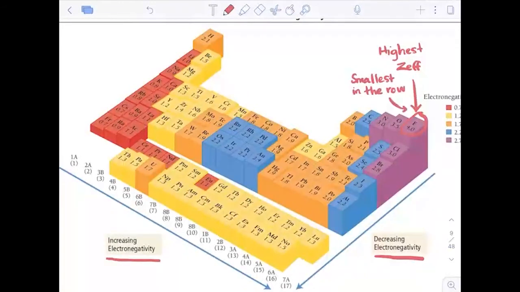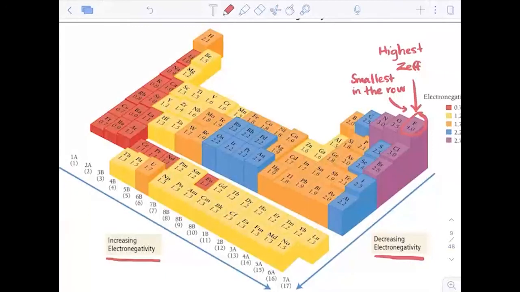So when we're thinking about where those valence electrons are, they are closest to the fluorine nucleus. And fluorine has the highest Z effective, pulling those valence electrons in. He only needs one more electron to reach his octet. And so he has that desire, that drive to get that extra electron to reach the noble gas configuration.